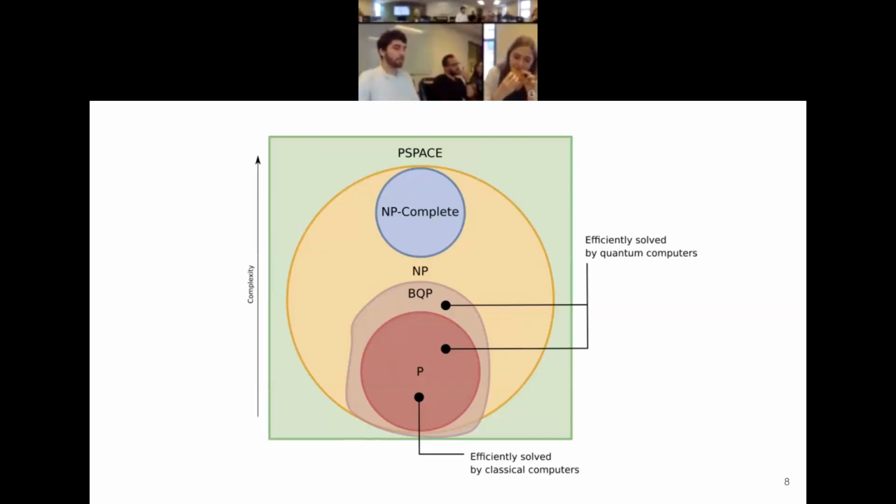For those familiar with P space and NP space, the space that quantum computers are able to efficiently solve is not yet fully determined, nor do we even know if P and NP are distinct classes of problems. But what you can see here, the most interesting part is that there's a class of problems which are efficiently solved by classical computers, and then a class of problems that are efficiently solved by quantum computers.